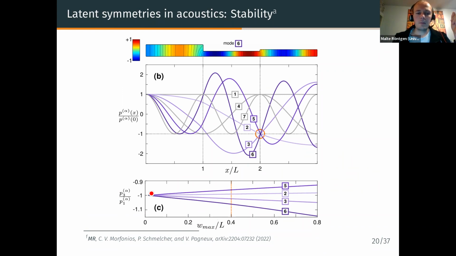At this point, what is shown here is the parity of the eigenmodes. You compare the pressure at point 3 and point 1. These are the latently symmetric points. And we just evaluate the eigenmodes which have negative parity. In the case where we have exactly fulfilled this limit, so W max over L is 0, we have exact negative parity.